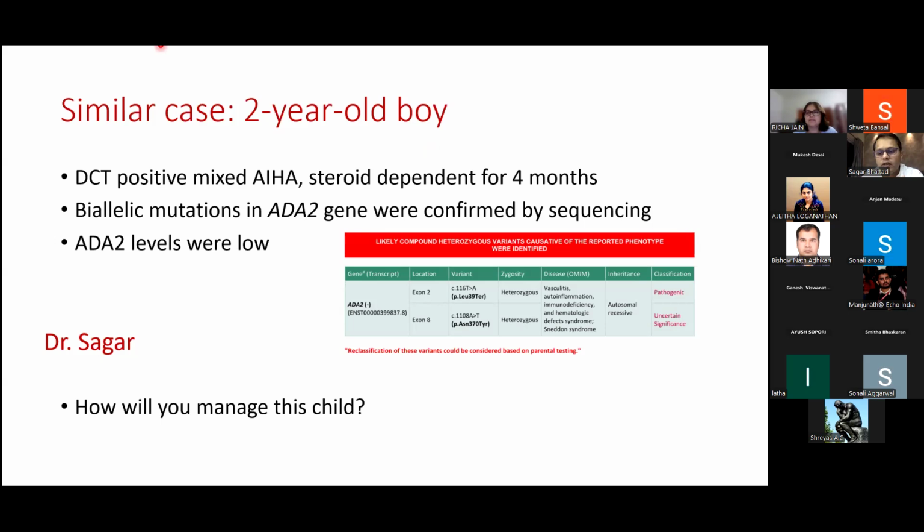I haven't myself managed a child with ADA2 deficiency with AIHA, but I believe that TNF blockers, especially adalimumab, work very well, especially when it comes with a vasculitis-like presentation. I think that should be the kind of management, especially if the child is steroid dependent. So I would possibly try that therapy, because typically in ADA2 deficiency, adalimumab, etanercept kind of work very well. But I'm not sure what happens in AIHA.